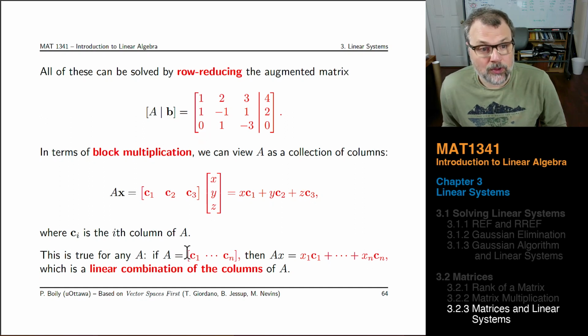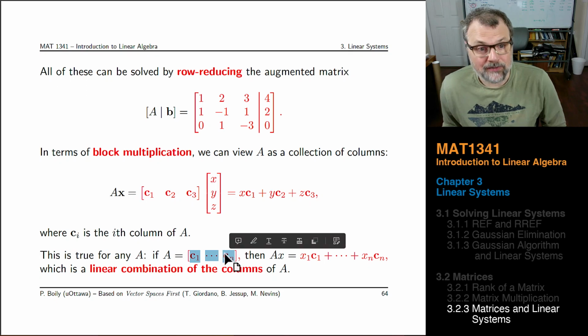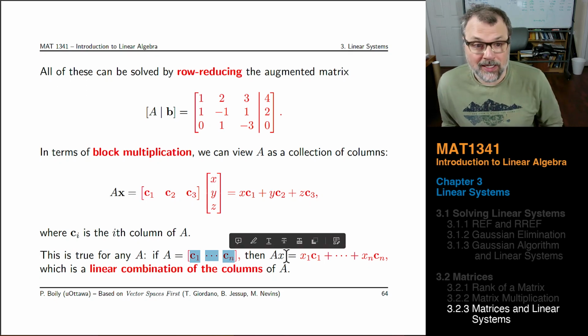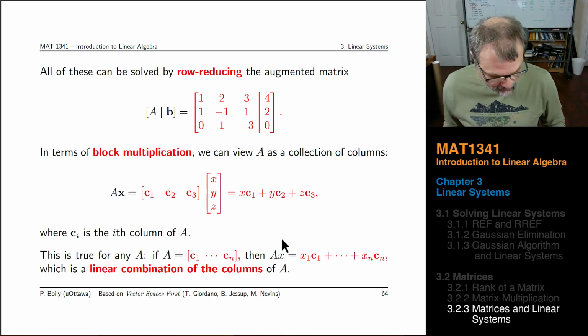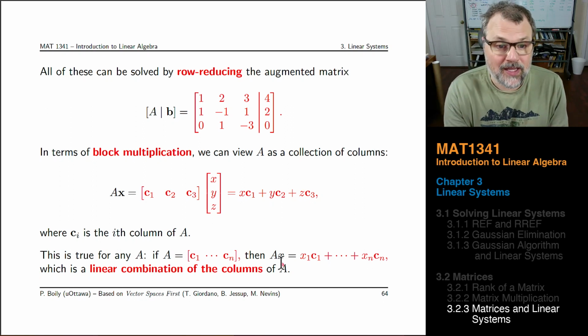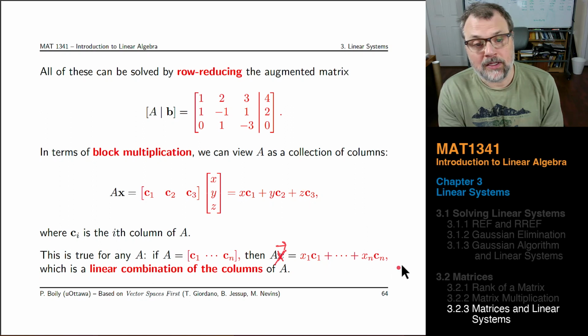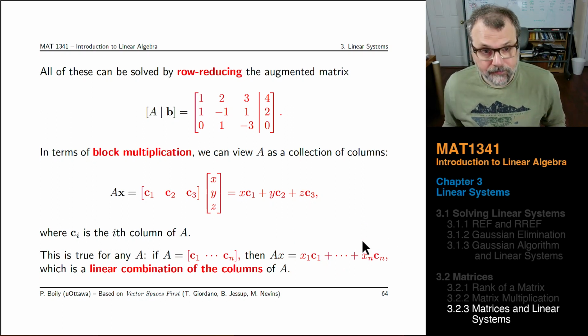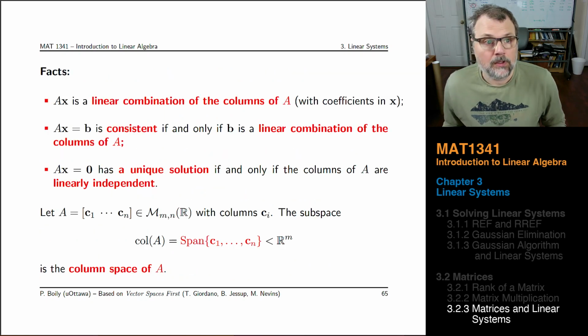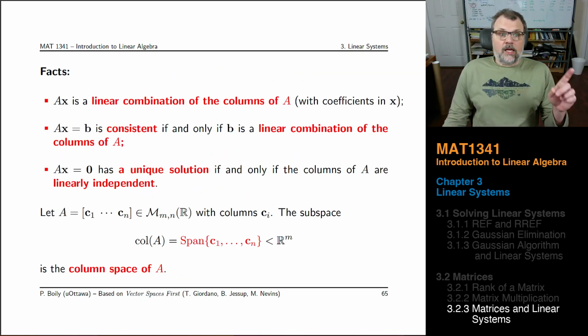If A is equal to the collection of its columns in a matrix, then A times X, here should be a vector, A times X is a linear combination of the columns of A.